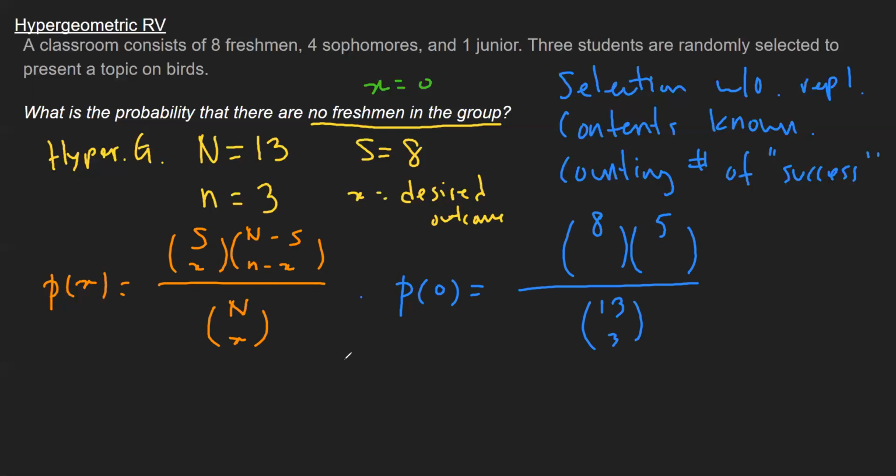Everything else would be considered not a success. And then what you're picking and choosing from here is just what the question's asking. So if we want no freshmen in the group, then out of this group of 8 freshmen, I'm going to choose 0. And since my experiment is that I have to select 3, that means all of the other students will be from this group here.